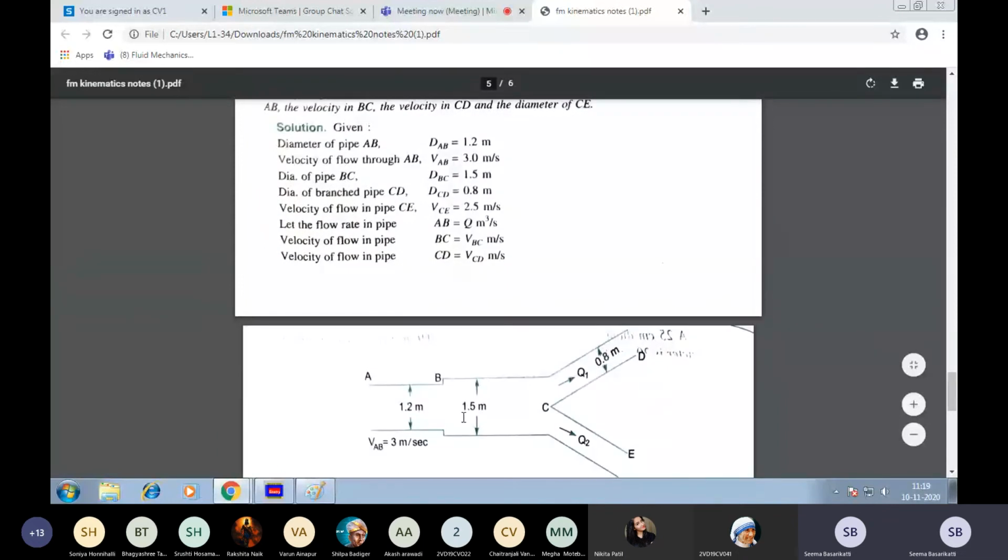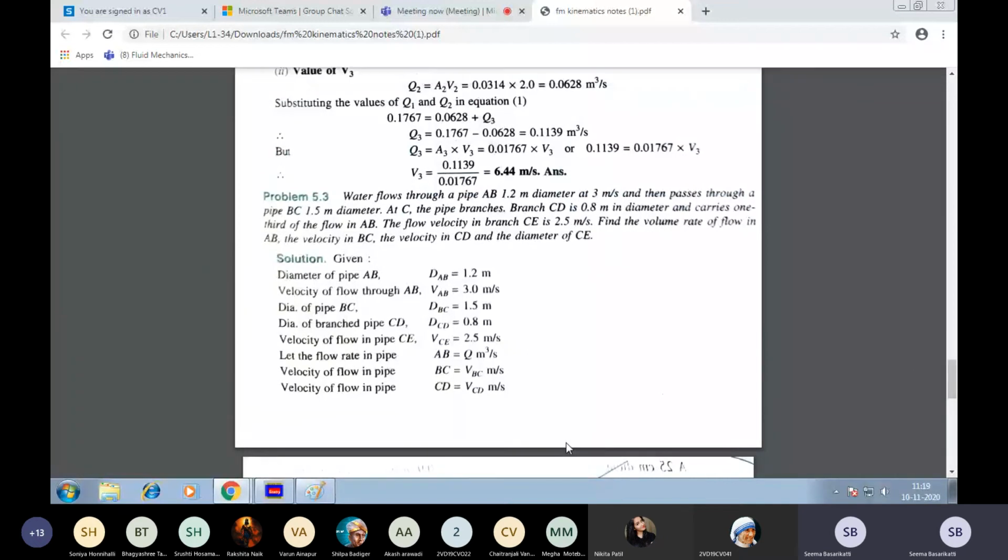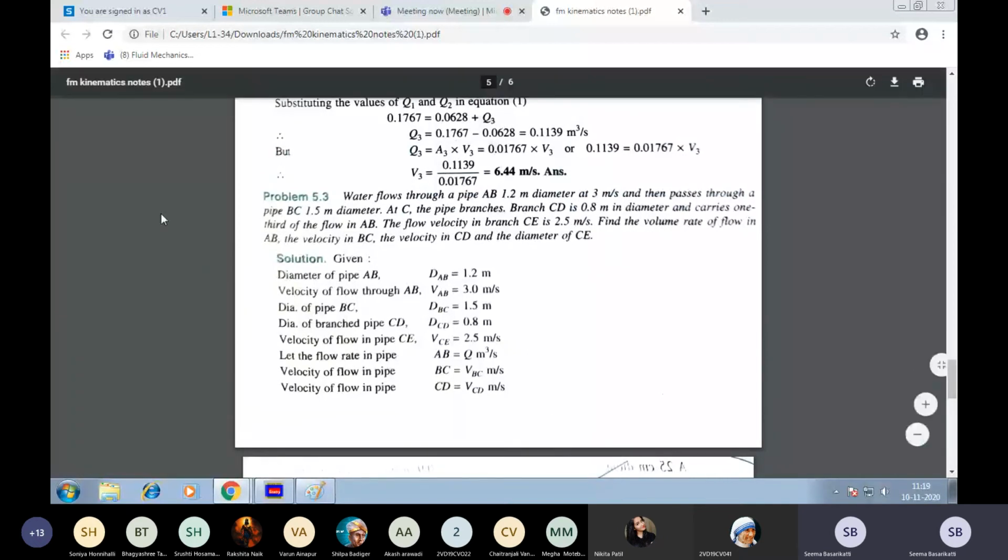So if this is the entire Q, then Q1 is 1/3 of the discharge of liquid flowing. I don't know exactly the value, but they have given 1/3 of the flow in AB.